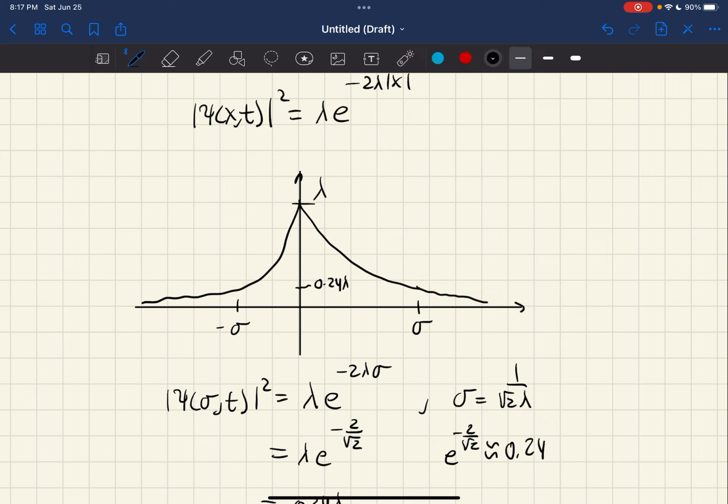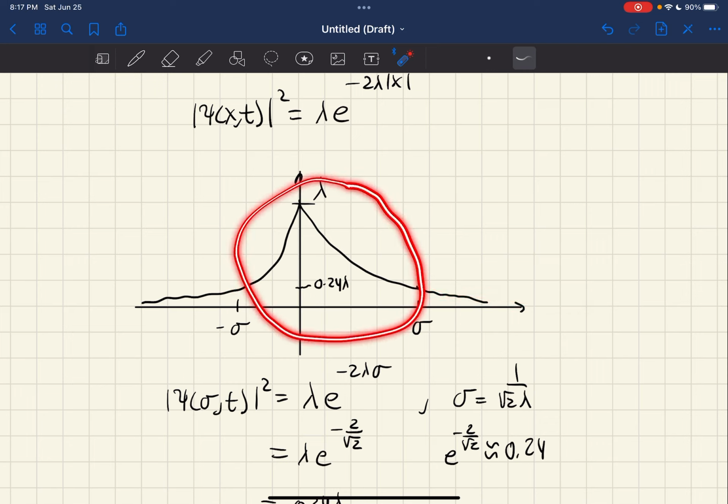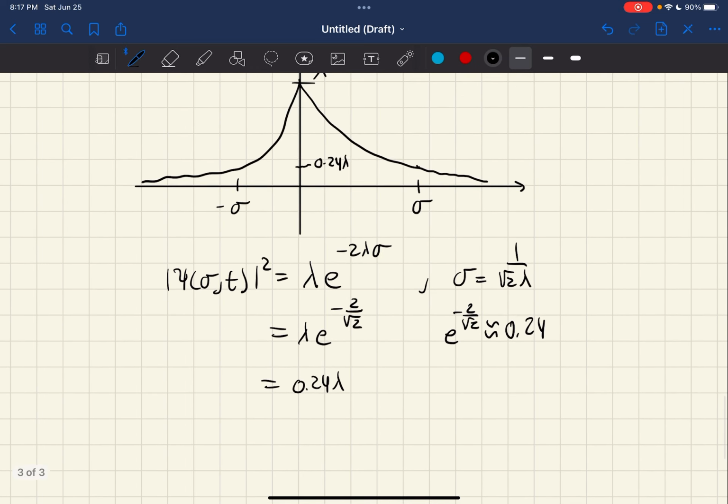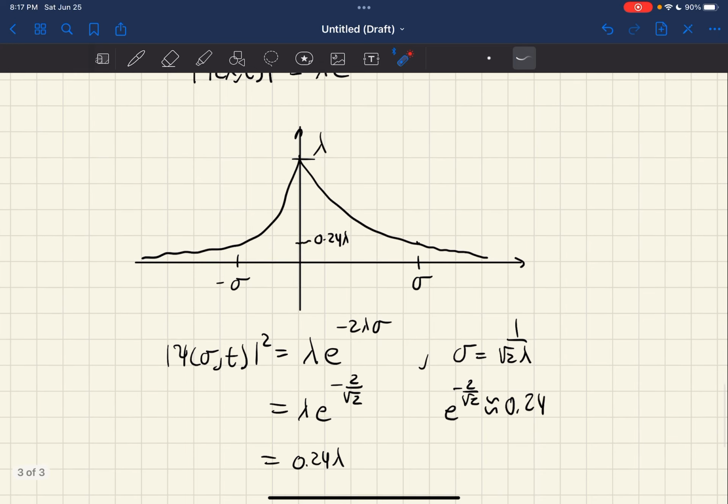So the probability of finding the particle outside this region will be fairly small, and Griffiths actually asks us to find this probability. So to find that probability, we just need to find the probability of finding the particle outside of this range right here. We just need to take the probability from the positive standard deviation all the way to positive infinity, and due to the symmetry, we can just multiply it by 2, and that will give the probability of this region as well, from negative standard deviation to negative infinity.